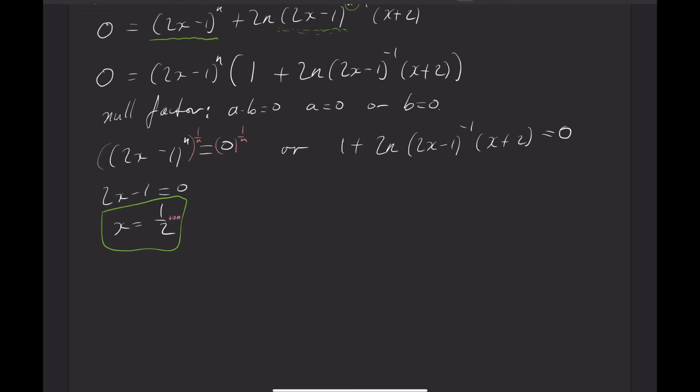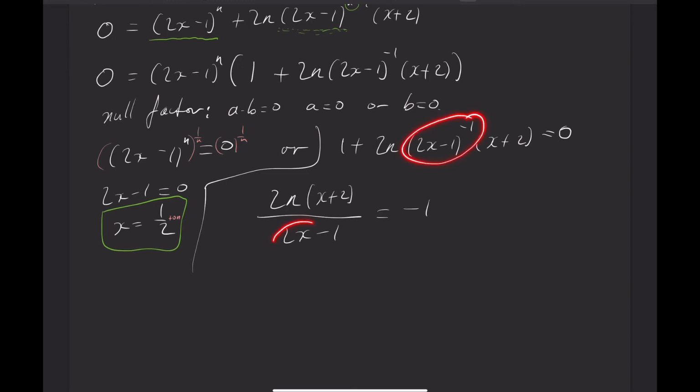Now for this next one, we're going to have to do some algebra. So let's tidy it up a little bit. Let's move the 1 across to the other side, and let's deal with this negative power. I'm going to have 2n times (x plus 2) over (2x minus 1) equals negative 1. Negative power means I'm at the denominator, and I've moved this 1 across to make it a negative.